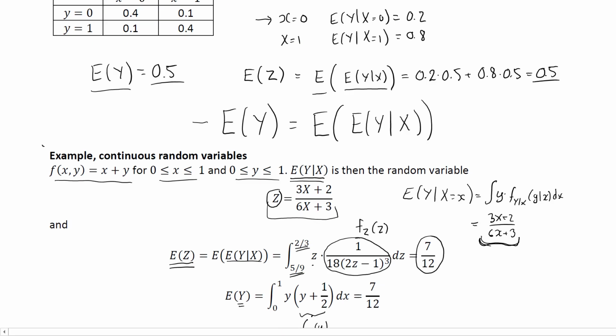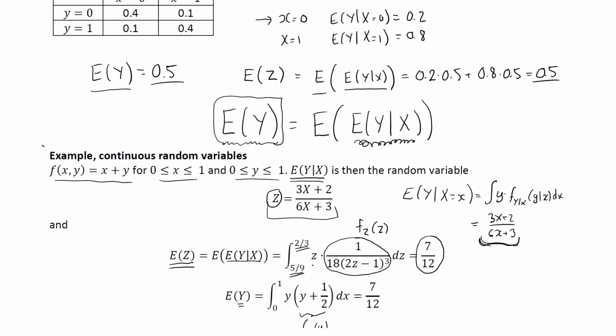The reason for this result being so important is that in many cases this expectation is very hard to calculate, while the conditional expectation is very simple. When this is the case, we will use the law of iterated expectations to find the unconditional expectation of y.